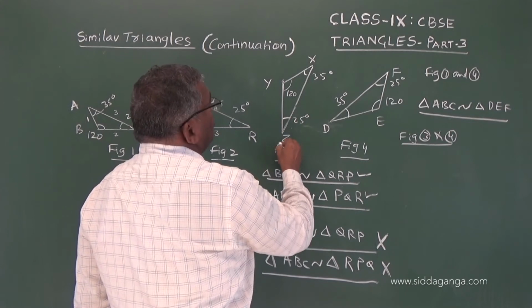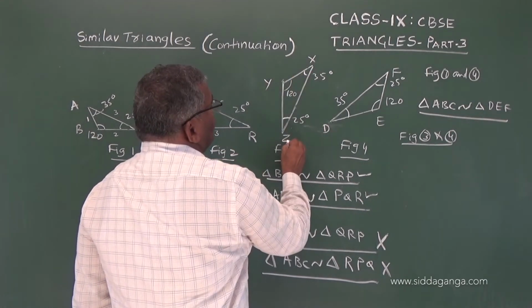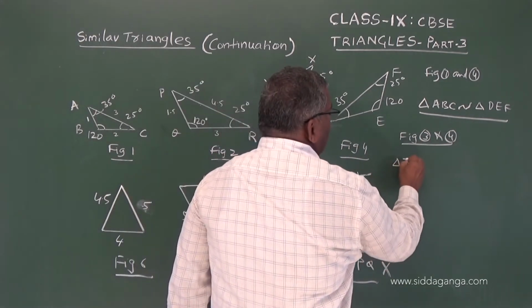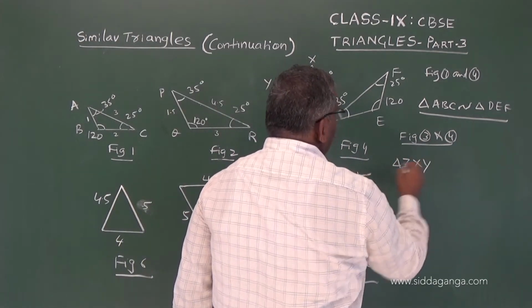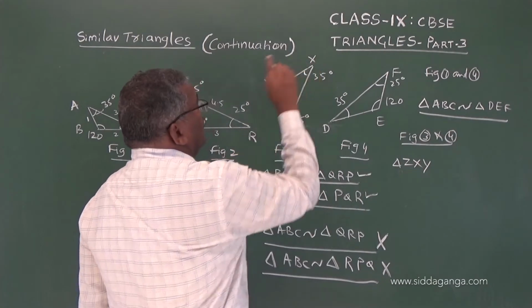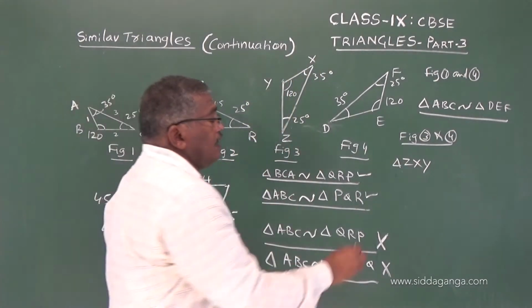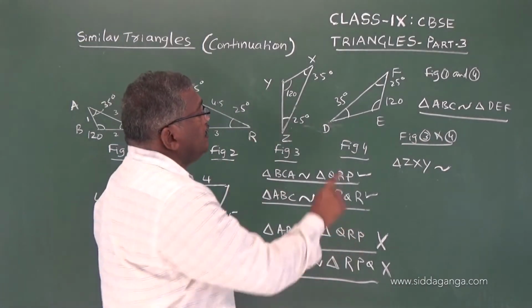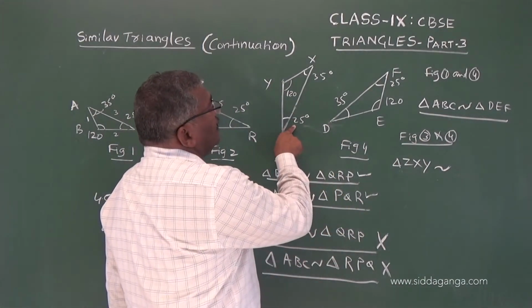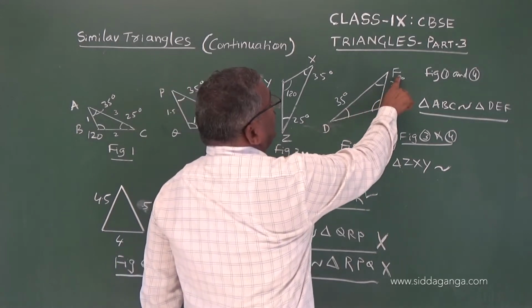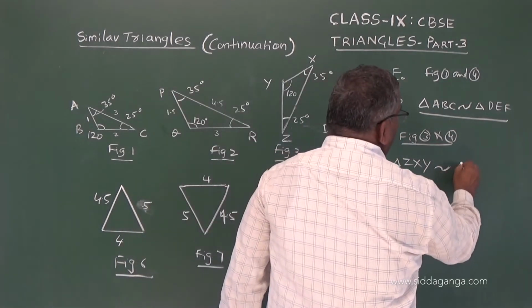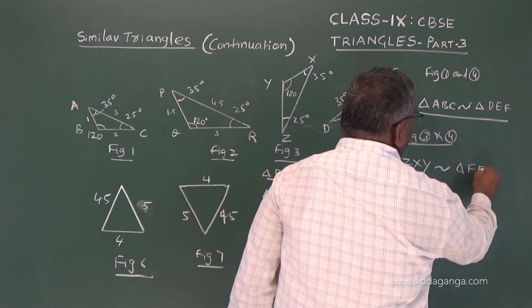If I want to write in the clockwise direction, Z, X, Y, triangle ZXY, then it is similar to, the correct way is to start with 25, go to 120. So therefore it becomes F, E, D. So triangle FED.